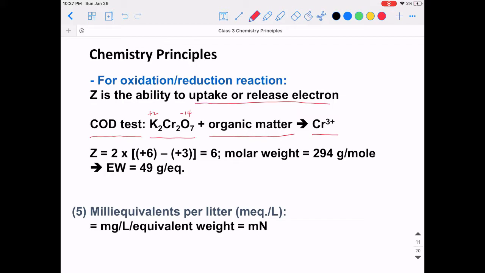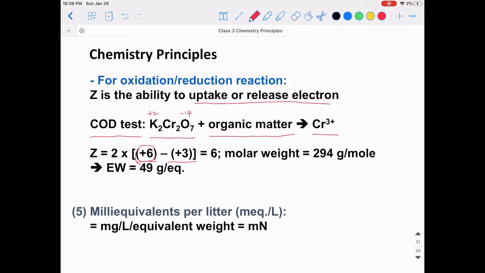So each of them is going to have an oxidation state of +6. After this oxidation reduction reaction, the chromium is going to be reduced to +3. What that means is that there is a net exchange of 3 electrons per chromium atom.